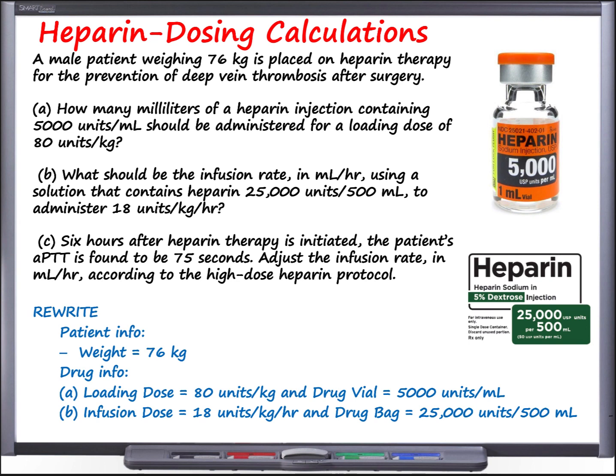Secondly, we're also going to calculate a continuous infusion dose based off of 18 units per kilogram per hour. And here we're going to use a different form of heparin. Here we're going to use a bag that's already been made up that contains 25,000 units per 500 milliliter bag of heparin. So don't get the loading dose confused with the infusion dose. We've got 2 different products that we're going to have to calculate.